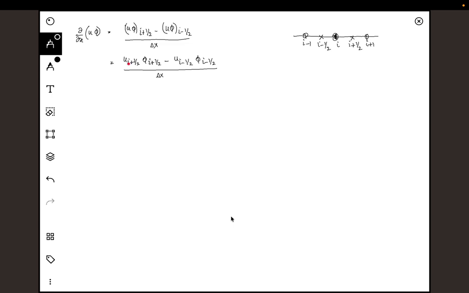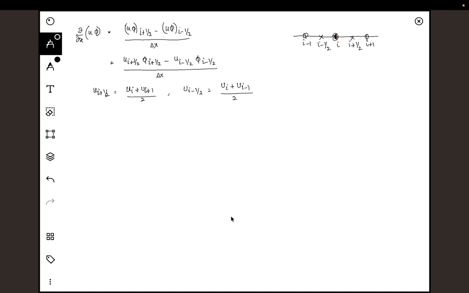For ui plus half, you can always use the average velocity in 2D. So this will be ui plus ui plus 1 by 2, and similarly for the other one, ui plus ui minus 1 by 2. I can use the mean velocity, so the velocity at this particular point is the average of the velocities at these 2 points, and similarly the velocity at this point is the average of these 2 points.